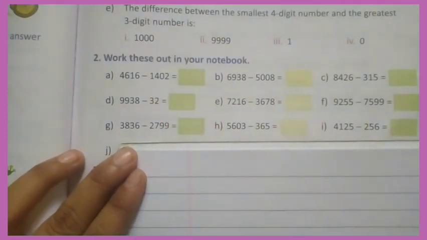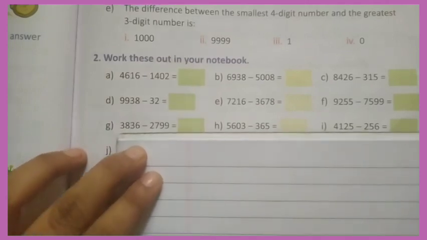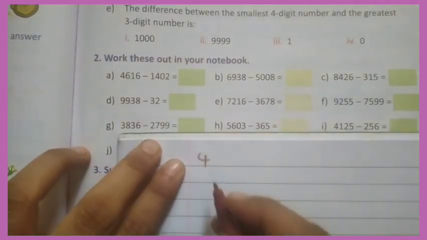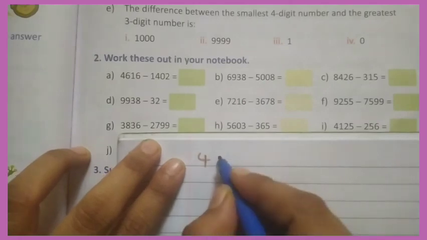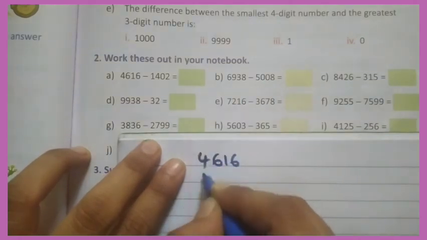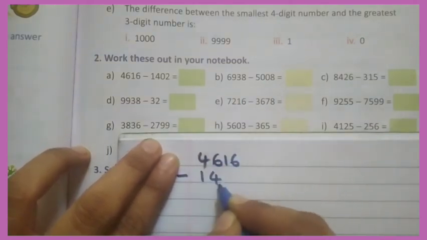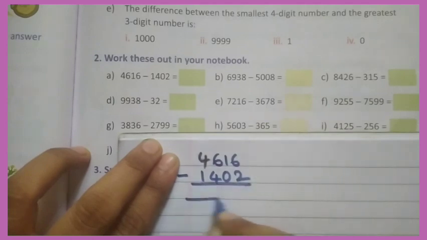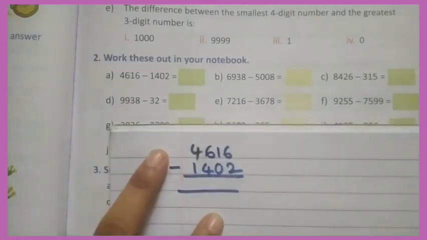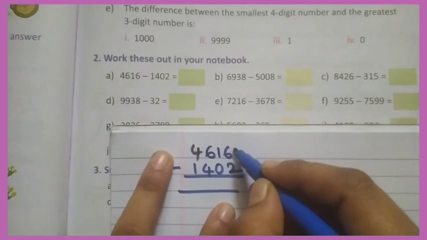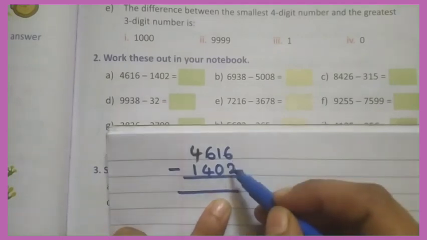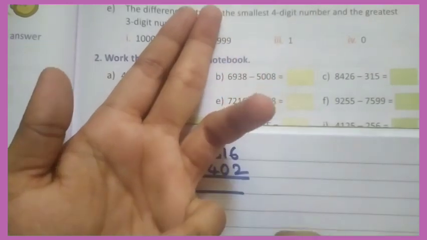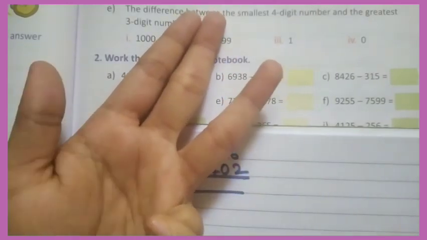4616 minus 1402. Now we have to do subtraction. Always we have to do subtraction from ones place. So 6 minus 2. Open your 6 fingers, from that subtract 2. Then we will get 4.